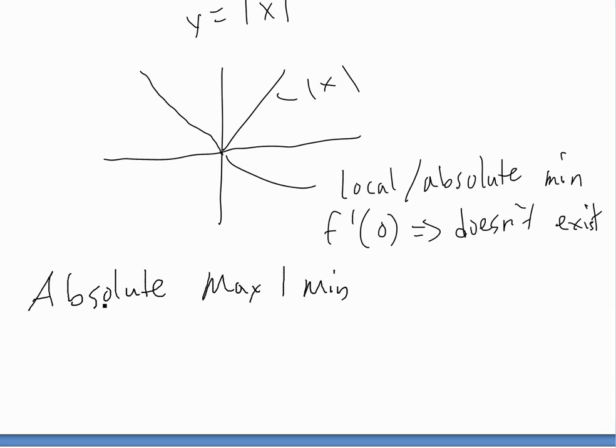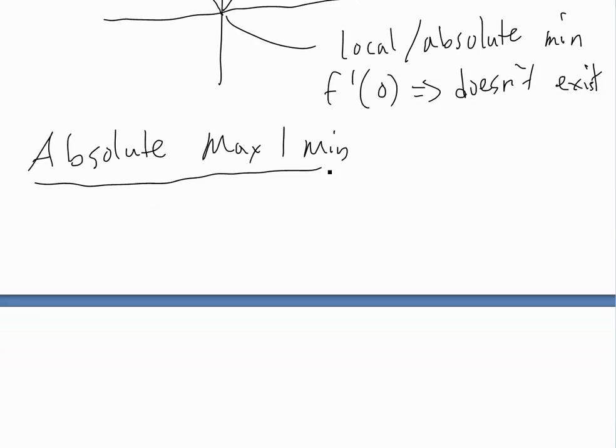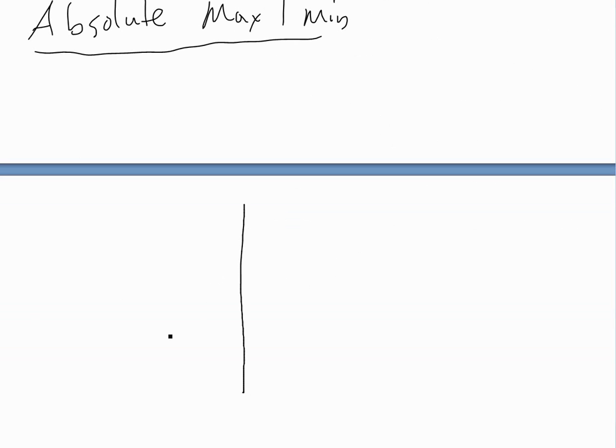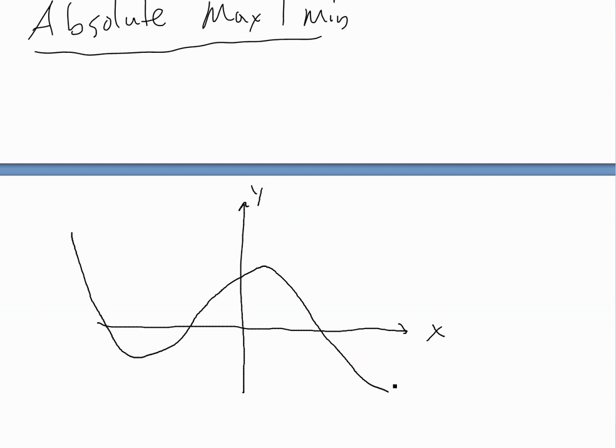Again, if you have a random graph like this, this is x, this is y, and let's say you start off from here, this one is a, this is b. Absolute max is just the largest value in that interval.